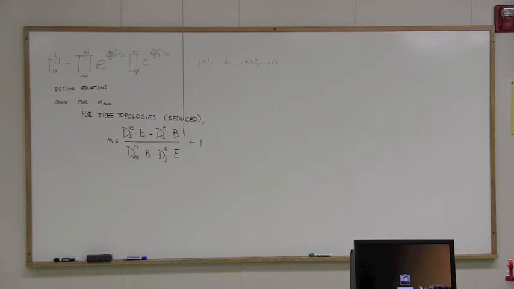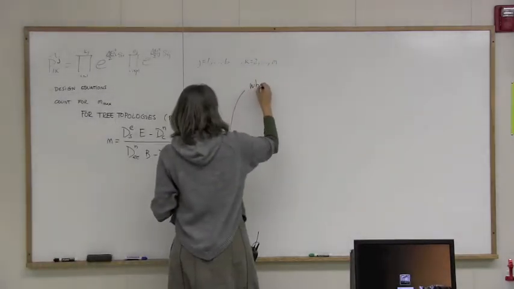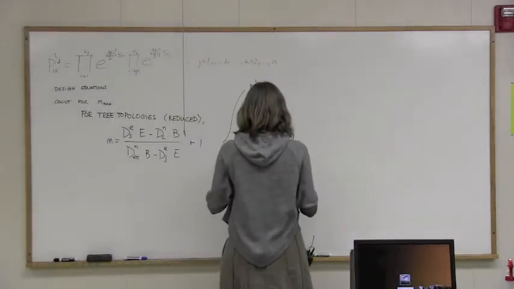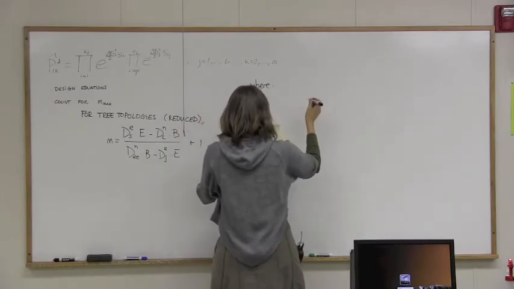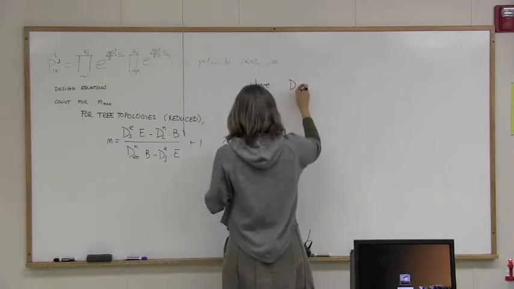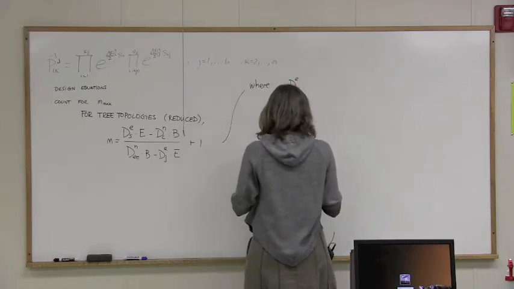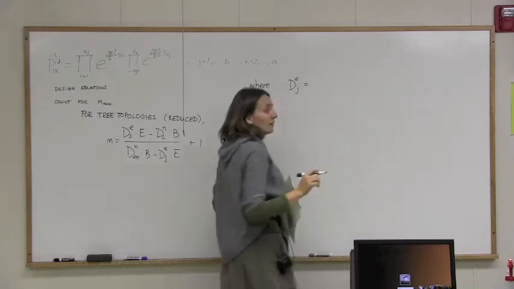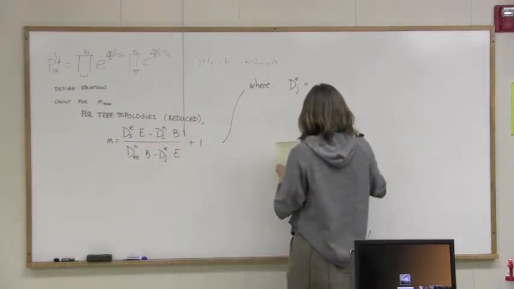Now I have to remember what these are. That's not going to look very nice. These are basically vectors that you can derive from your graph matrices. The d_E, these are the degrees of freedom of each edge.